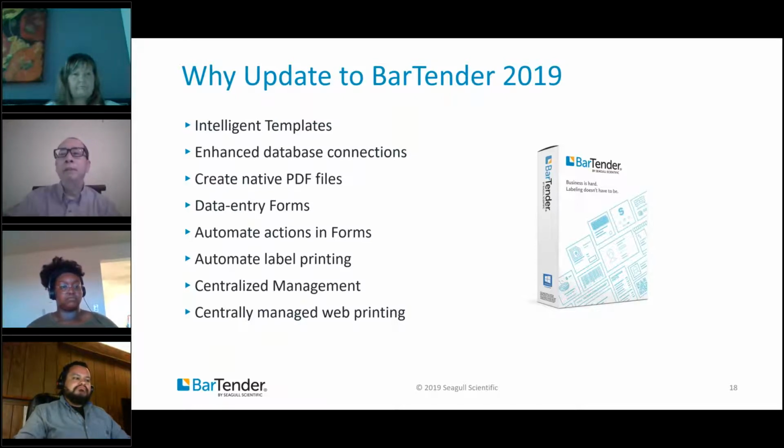So Manny, once you've decided to update to BarTender 2019, given all these great new capabilities and features, can you take us through some tips and best practices for the actual update process?